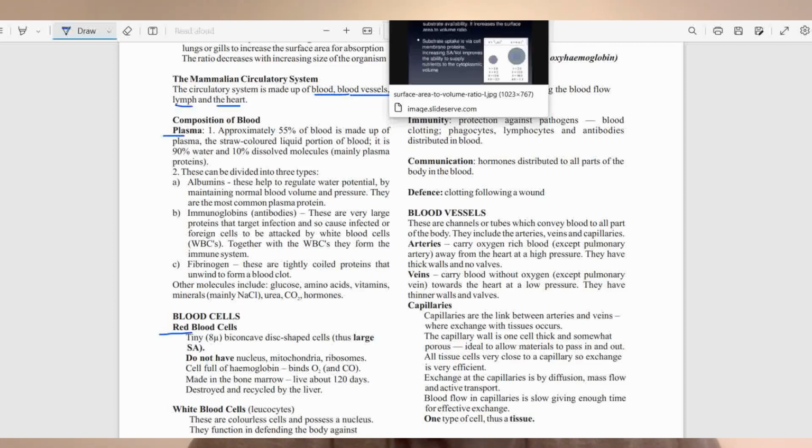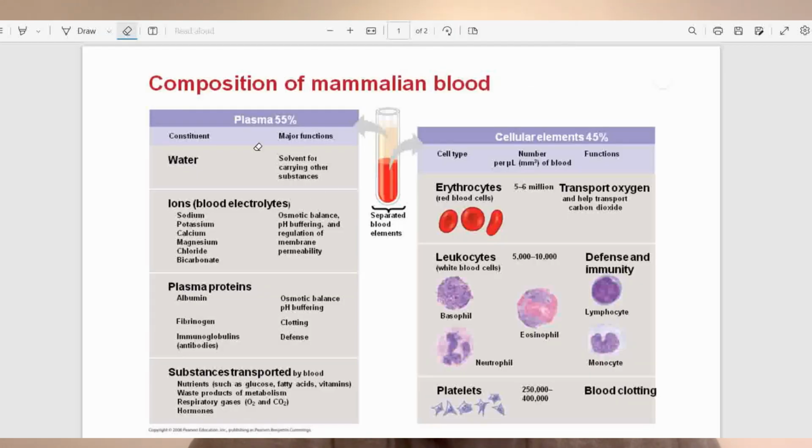If we look at an image such as this, you will see that the blood is made up of 55% plasma and 45% cellular elements. If you investigate further, the blood plasma is made up of water, ions, plasma proteins, and other substances that are transported by the blood.